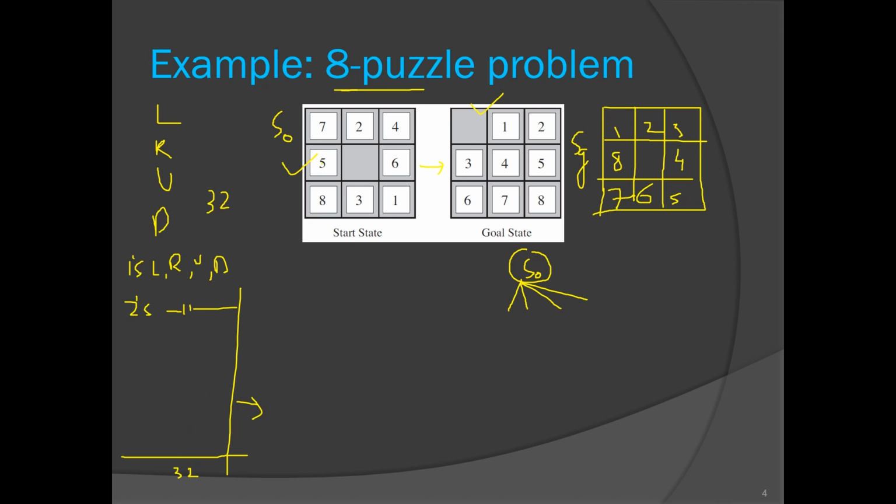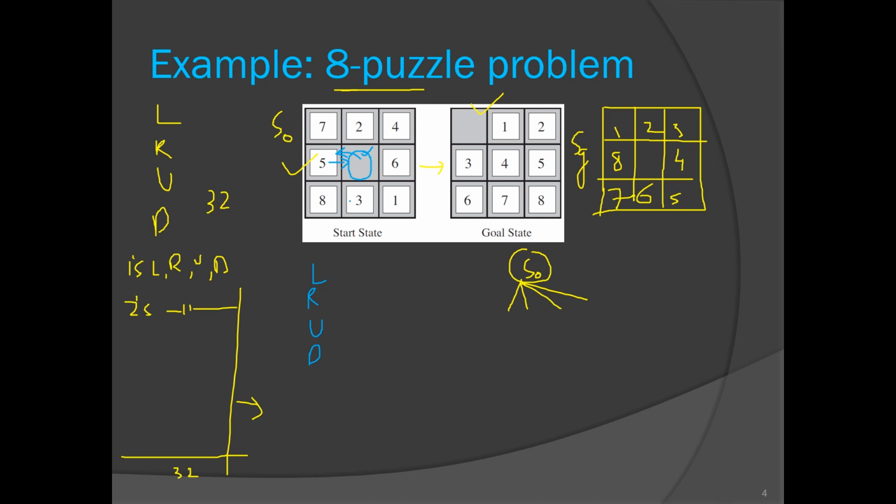When I move tile number 5, look at this blank space. Can I say that the blank space is moving towards the left? When I move any tile, the blank space will be moving, right? So if I mention the action in terms of the blank space, I can say that the blank space is moving left, right, up and down.